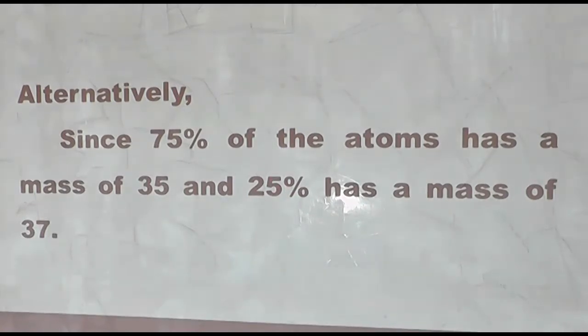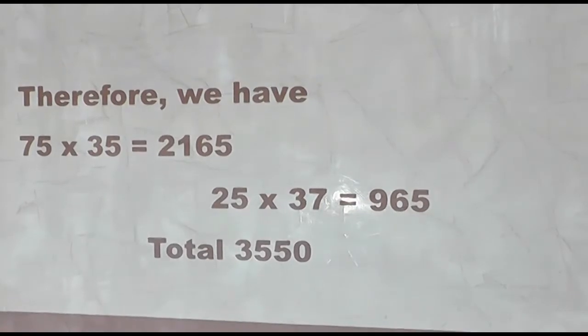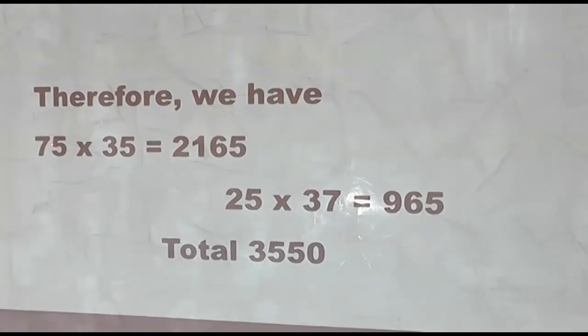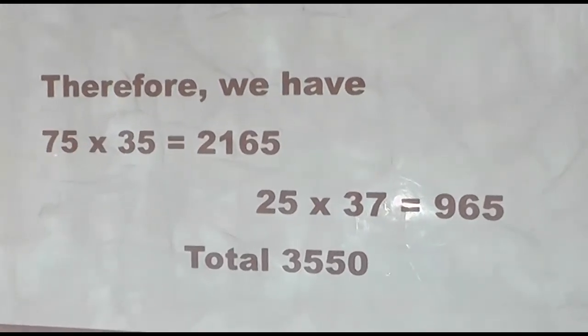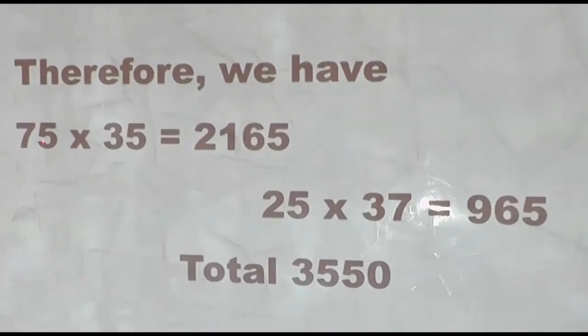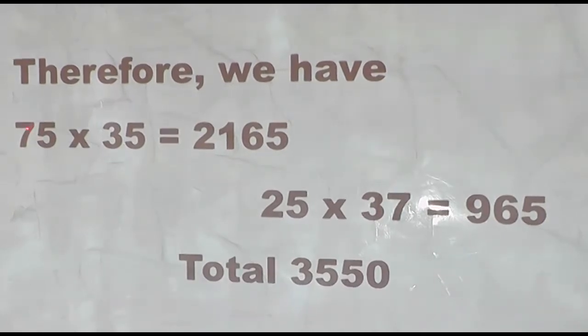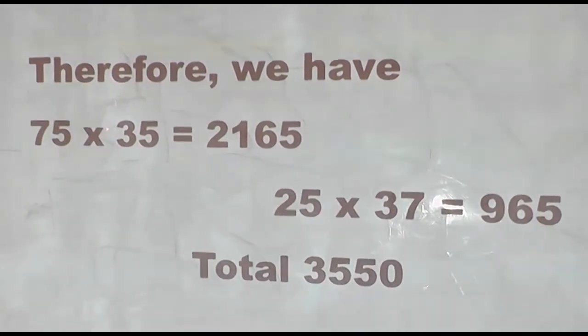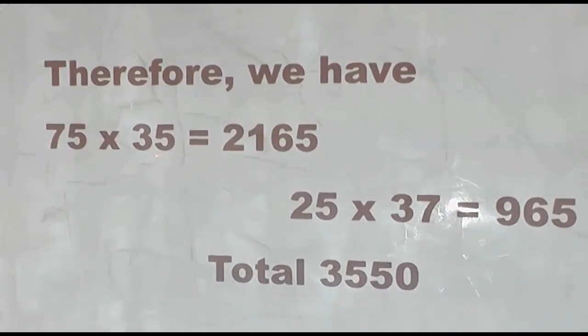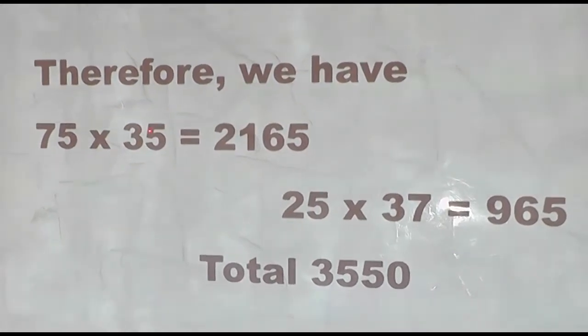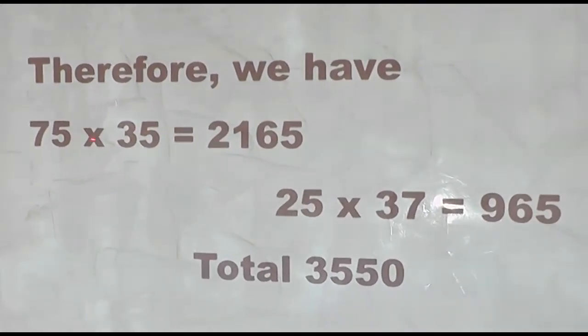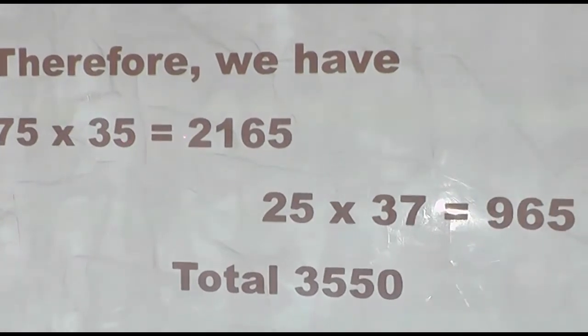Now, let us look at how we can solve them. We are going to say, all right, percentage abundance of the first isotope, 75, multiplied by the atomic mass of the first isotope, 35.